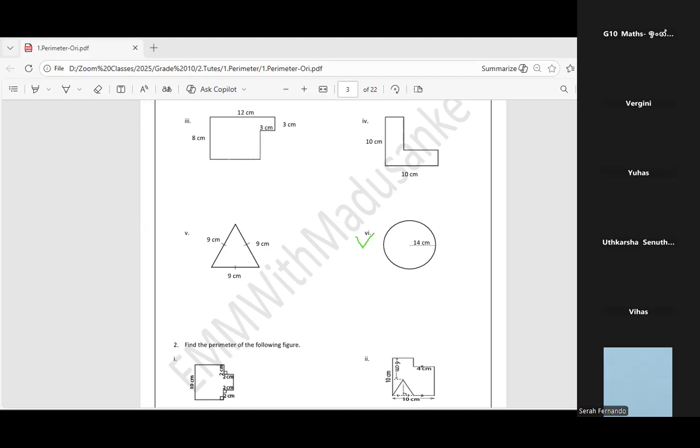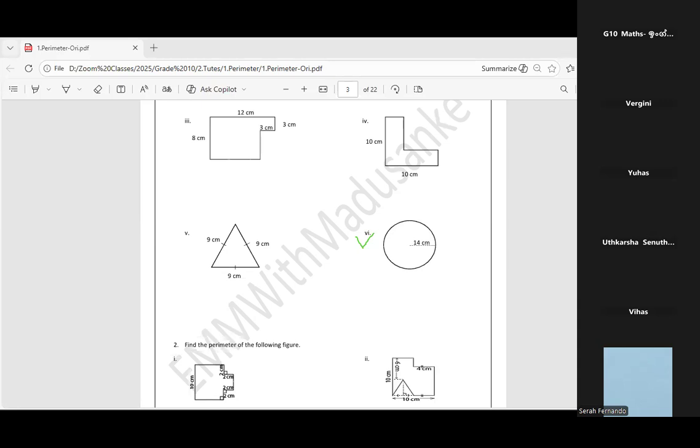Fifth Satika, sixth Virginie, Dilisha, seventh Hirudini, Hirun. Eighth Vyas. Yes, I think Vyas has sent the answer earlier, but not into the main chat.